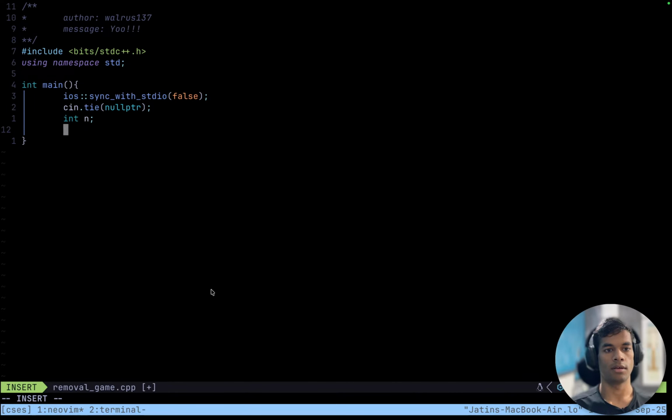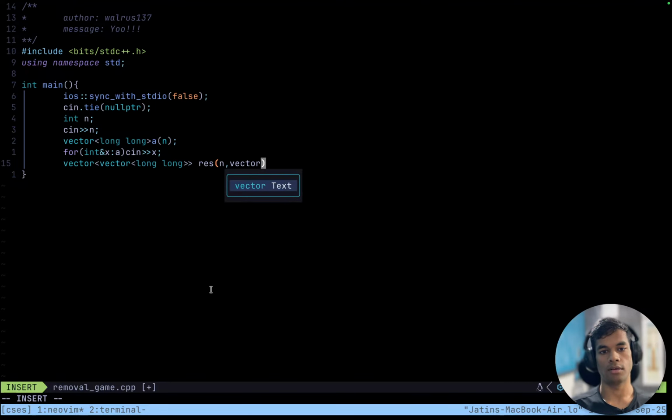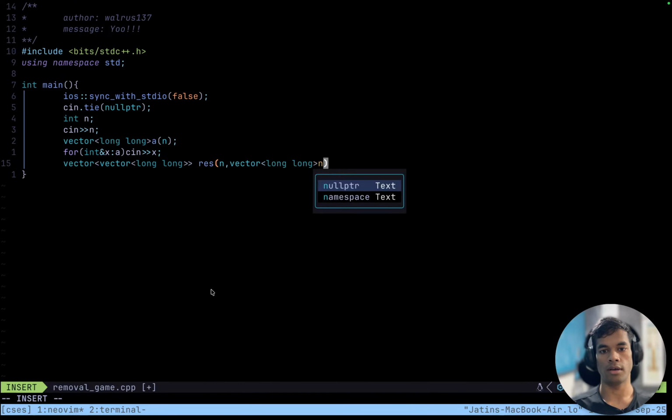N, C in N, and then we will create a vector of long, let's say of size n, and we will take in the input in a, C in x, and now we will create a response array which is going to be a two-dimensional vector of long, because it is going to involve sums of very big numbers. So long, and size is going to be n, and yes, long n.